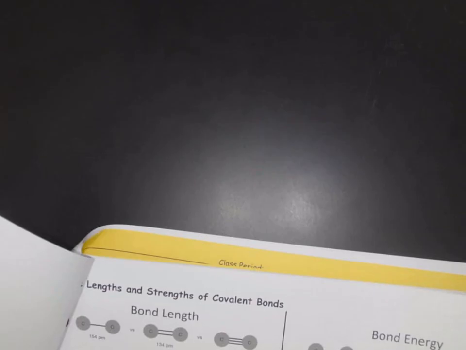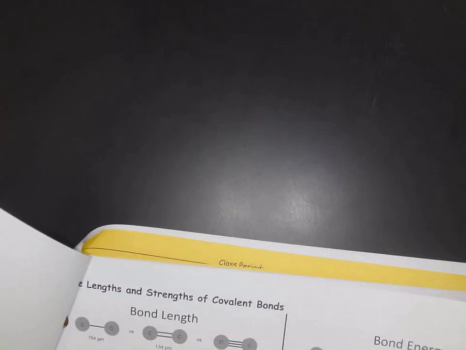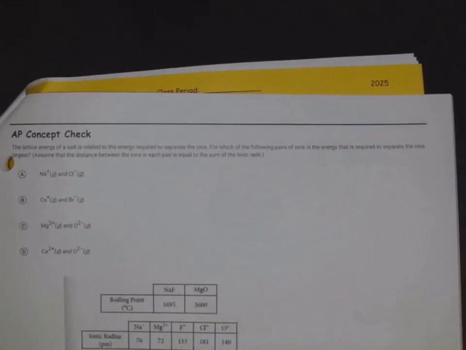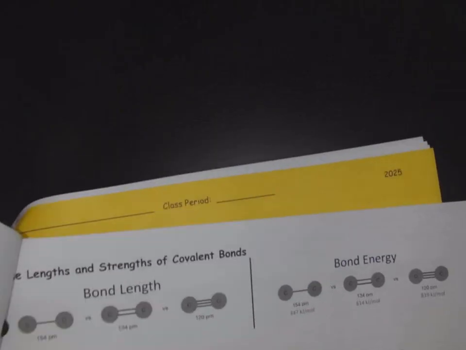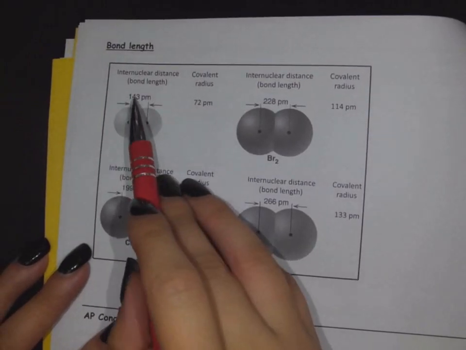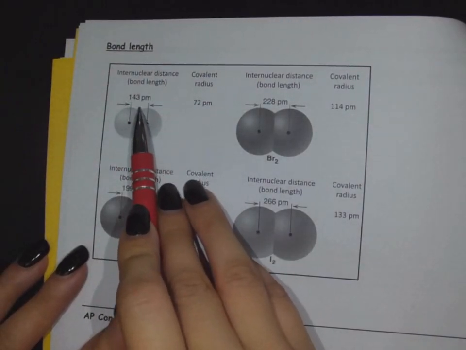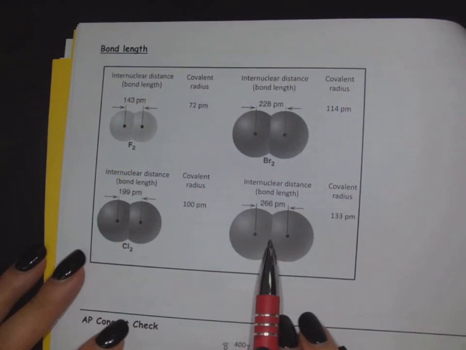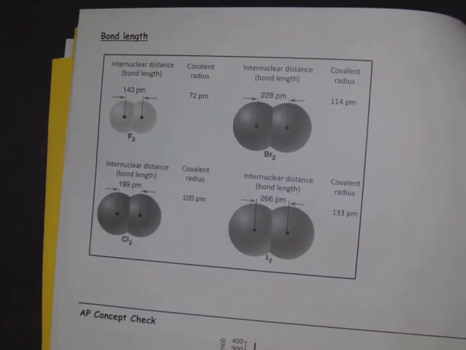Okay, and then we will look at page 11, just really the practice problems in class. Same with page 12. I really have already talked to you about this already, that when the bond length is smaller, then the bond is stronger, and when the bond length is bigger, then the bond strength is weaker.